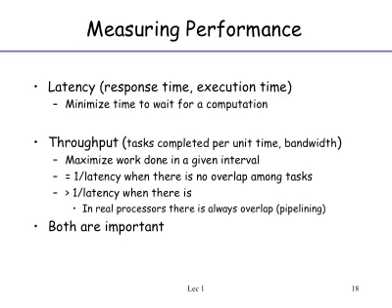The relationship between latency and throughput is that if there's no overlap among tasks, which means task B cannot be started until task A is completed, and so on, then at any given time you have only one task running, so the throughput is 1 over latency.